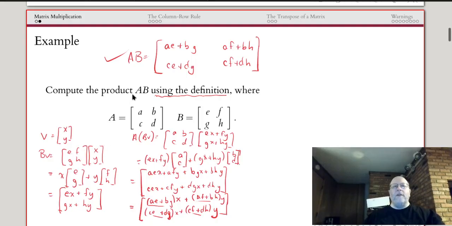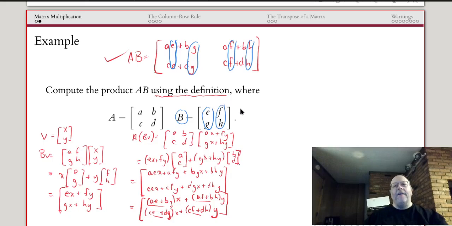Now, before I move on to the shortcut, I want to point out a couple of patterns that we see in this answer. The values of B, E, G, and F, H appear vertically in our answers, but the values that are in A, B, and C, D appear horizontally in our answer.